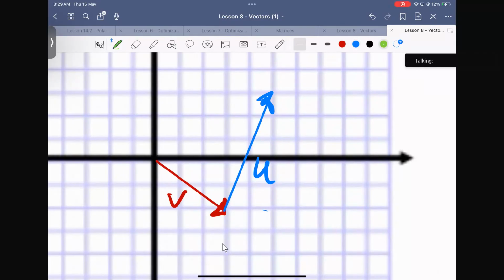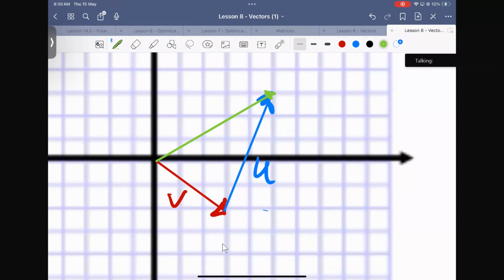If I draw the resultant vector, this is a very important result. If I draw the resultant vector and read it off of the graph, what are the components of this green vector?